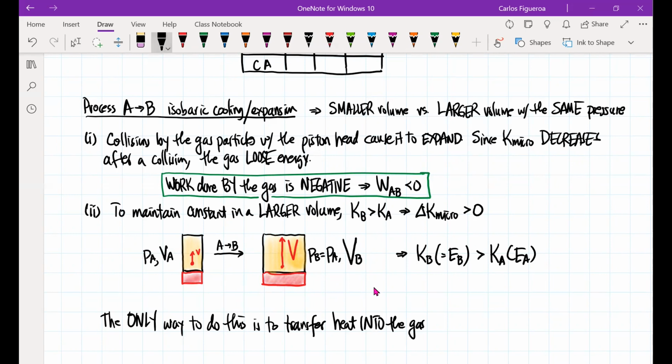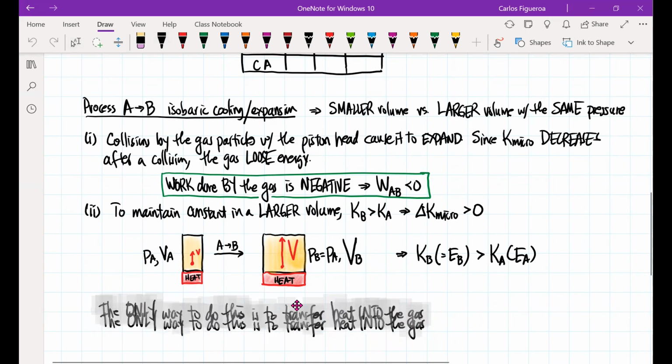So you can see here that I have heat, and then here I have more heat. And that heat is flowing into the system, right? So it's the only way that I can do that.